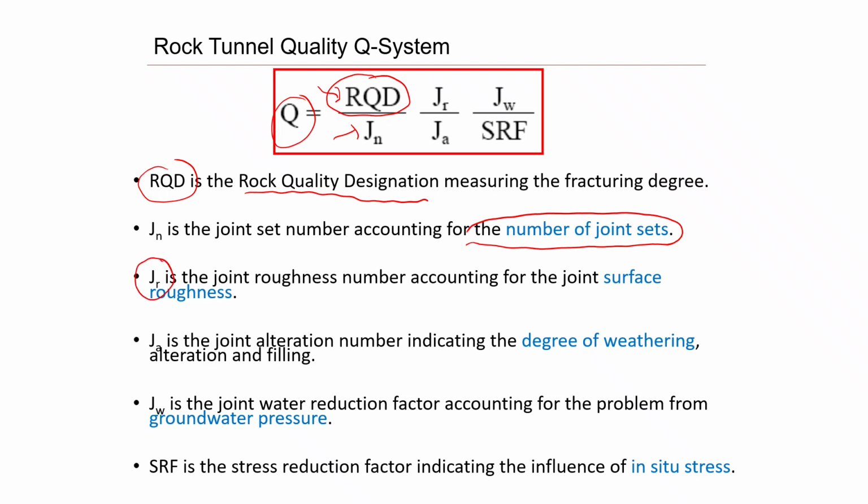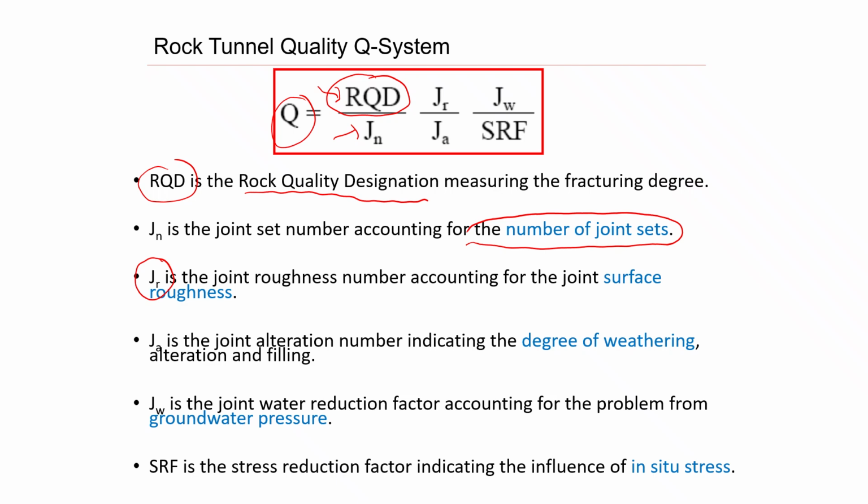As you already know, if we have joints and the surface is very rough, which is actually very good, it contributes to a higher overall strength of the rock mass. If the roughness is not very pronounced, and the surfaces are smooth, slick-sided, that will decrease the overall strength of the rock mass.